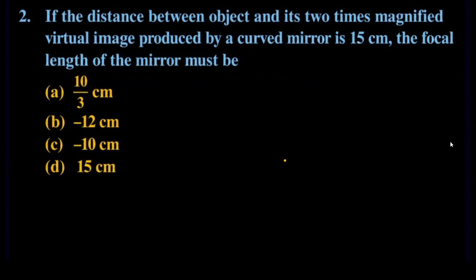If the distance between the object and its 2 times magnified virtual image produced by a curved mirror is 15 centimeters, then the focal length is? First of all, they have given that it is a virtual image, and 2 times magnified. So what type of mirror might it be?